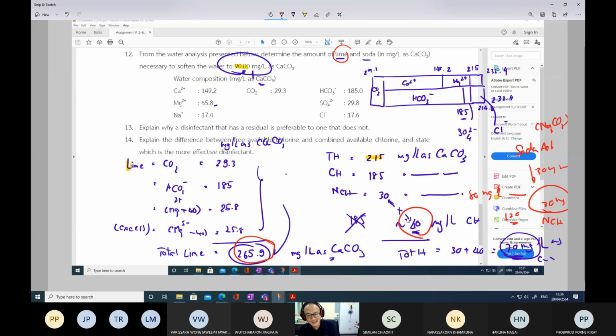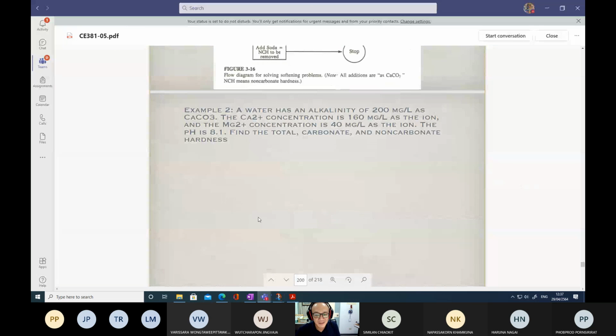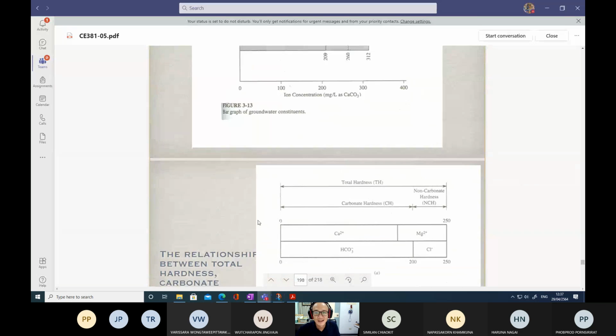You may not need the soda, but if it exceeds the requirement, like in this case, you have to add it. Just go one by one, block by block like this.